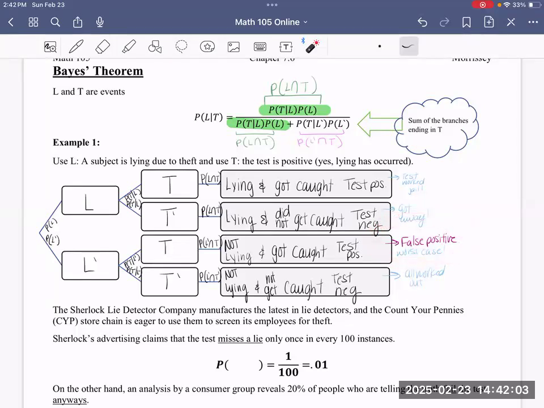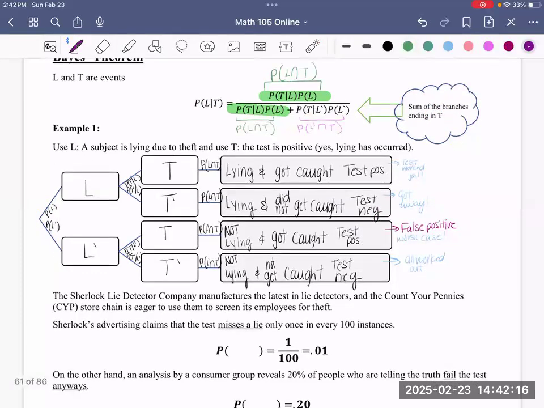Now, in the end, these are going to be the sum of your test results that come up as positive. That matches right here. Because what this is saying is that we want to figure out the individual that was in fact lying and had stolen from the store.